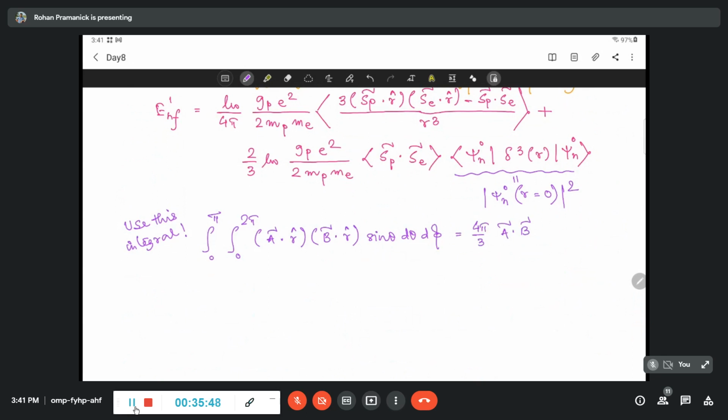Now, can any of you tell how to do this integral? If you cannot, then I will write down the steps. Can any of you interpret how to find this integral? A is a vector in 3D, b is also another vector in 3D, and you have to take the dot product with respect to the radial coordinate.